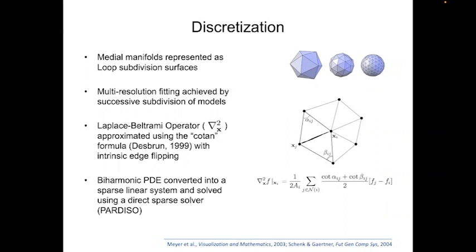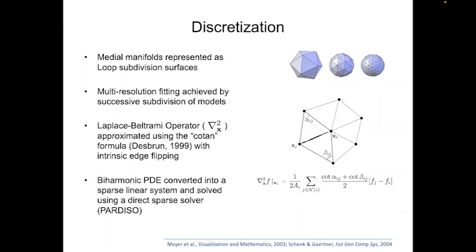And they're all very simple linear functions of these neighbors. And so there's a natural multi-resolution property to these loop subdivision surfaces. You can fit at a low resolution and keep increasing the resolution and adjusting your fit.